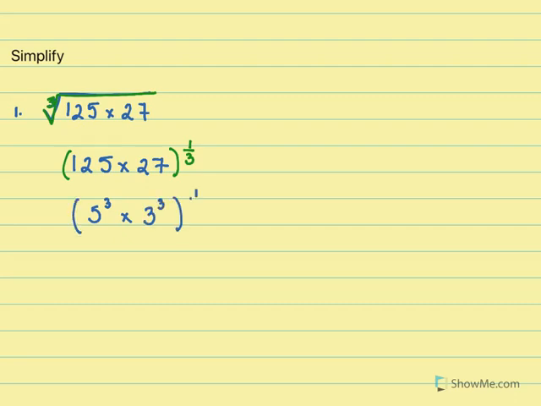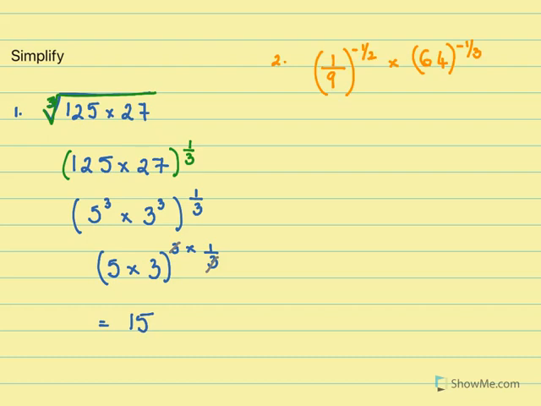So whole raised to 1 by 3. It's 5 raised to 3 and also 3 raised to 3. So I do 5 into 3 whole raised to 3 and then into 1 by 3. This cancels out. So you have 15.